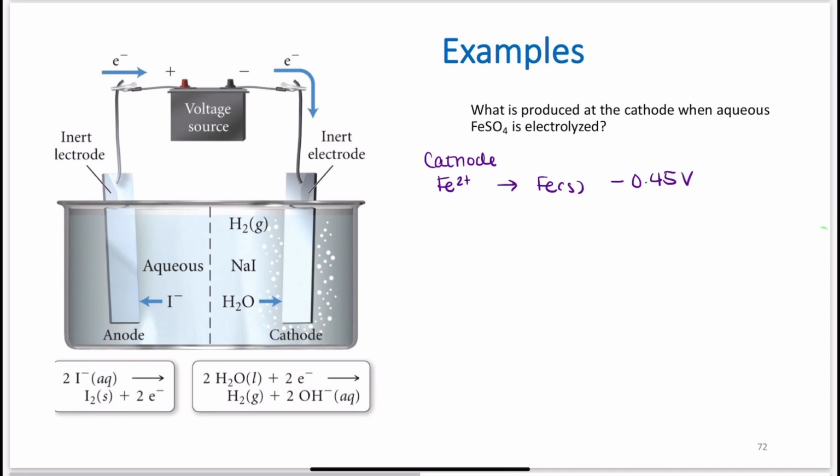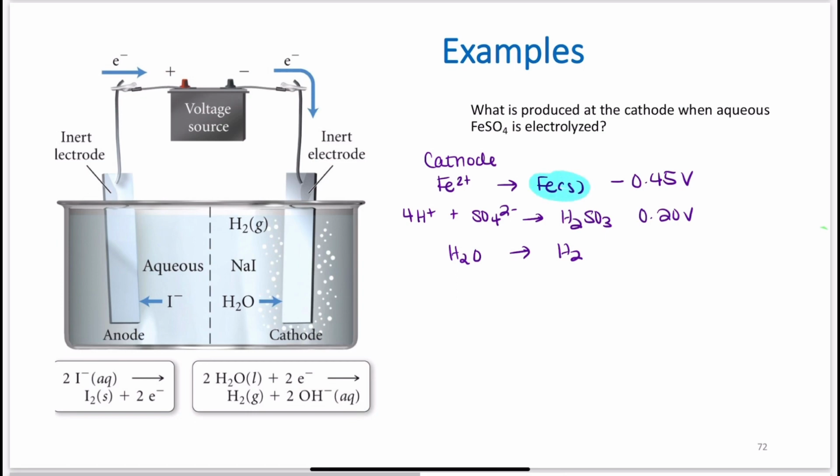What about that SO4 2-? Well, I could have 4 moles of H+ react with 1 mole of SO4 2- to produce H2SO3, 0.20 volts. Water also goes to H2 gas. Lots of things going on here. Fe is the main product, so this one can get kind of confusing.